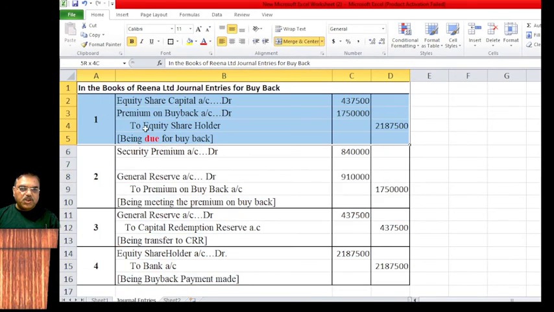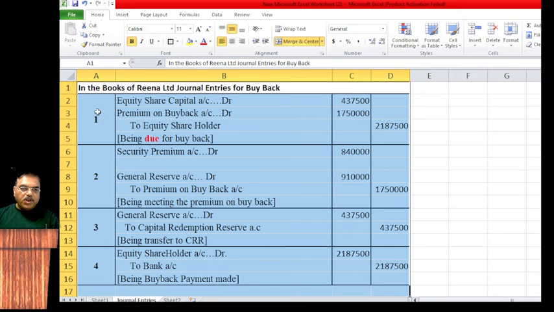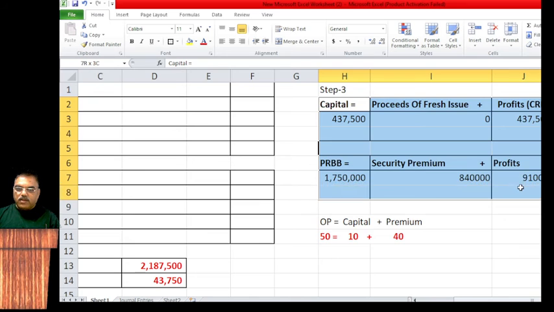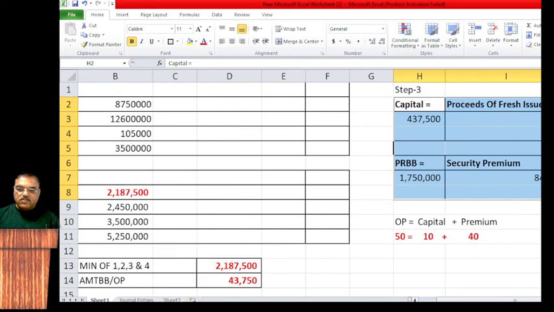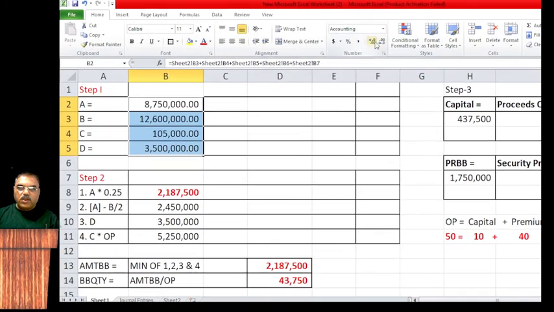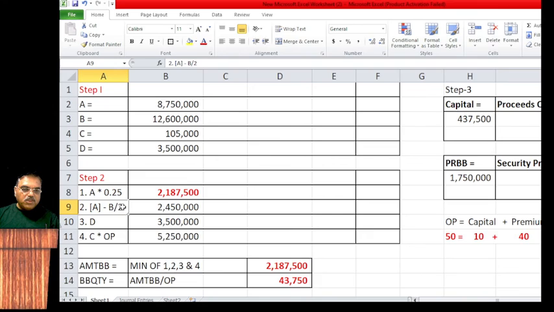These 4 standard journal entries are there, and all 4 journal entries are based on your 2 formulas. And for these 2 formulas we require step number 1 and step number 2. When the offer price is given, step number 2 contains 4 steps. Here A, B, C, D you have to calculate every time. But remember this step especially.